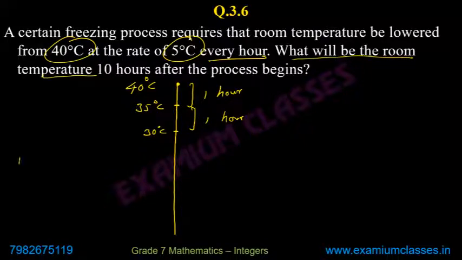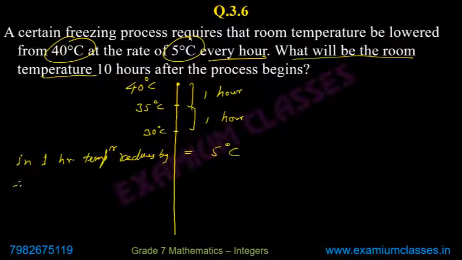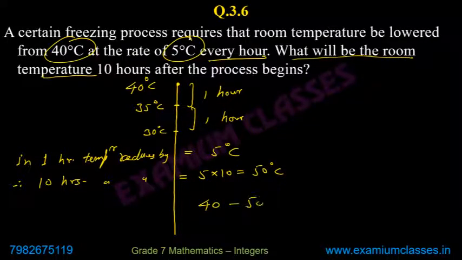So in 1 hour, temperature reduces by 5 degrees Celsius. In 10 hours, temperature will reduce by 5 into 10, that is 50 degrees Celsius. So from 40, you will reduce it by 50, means it will be minus 10 degrees Celsius. Ashif, correct, good.